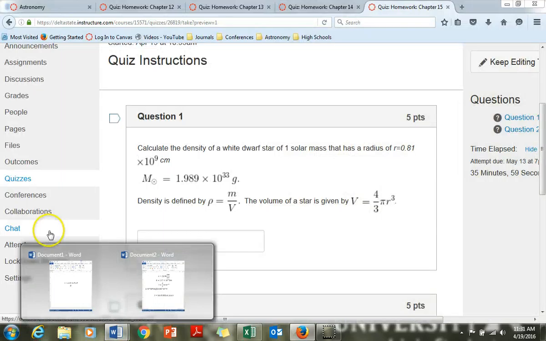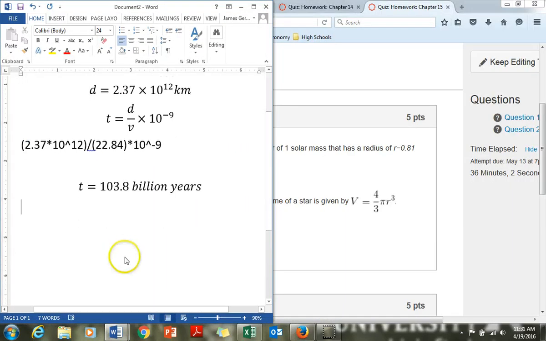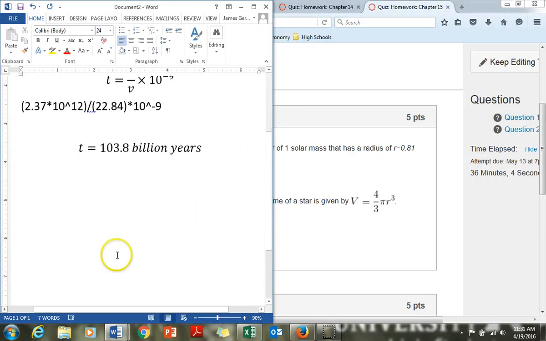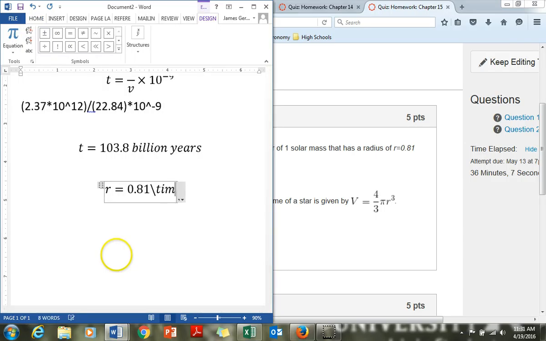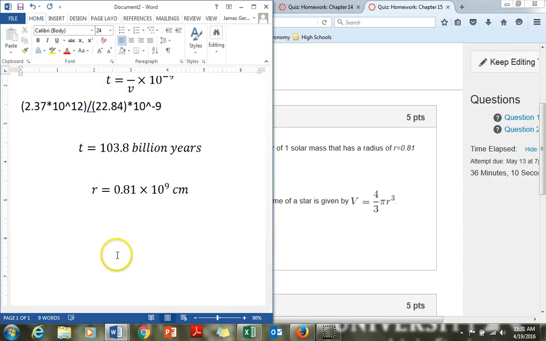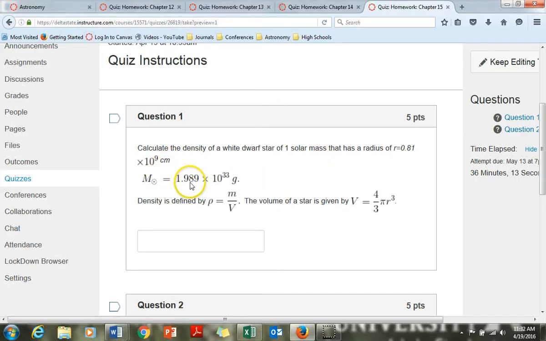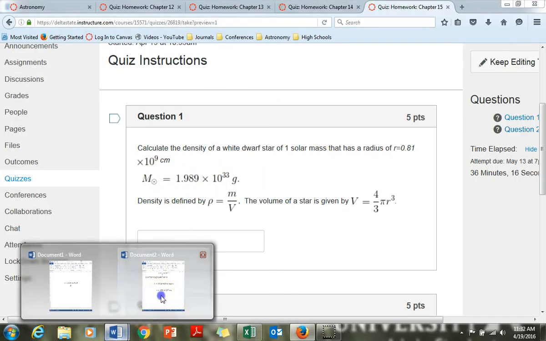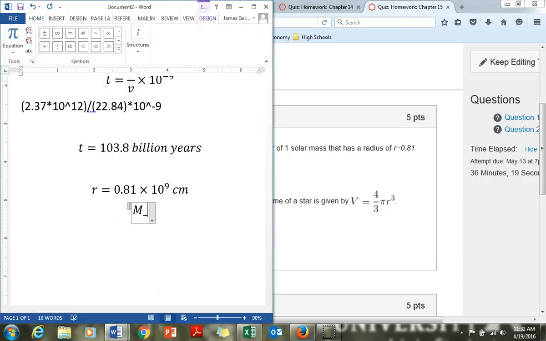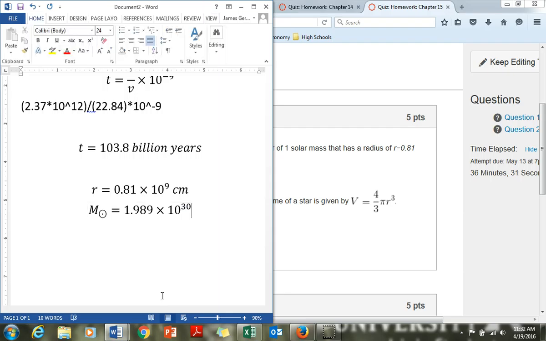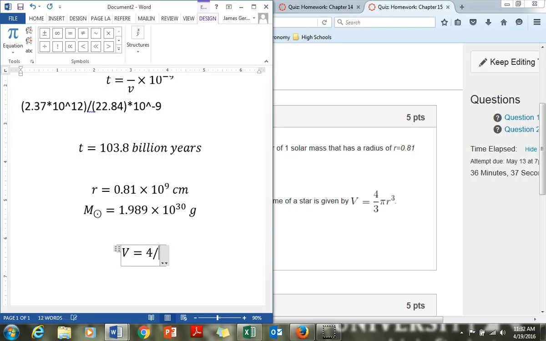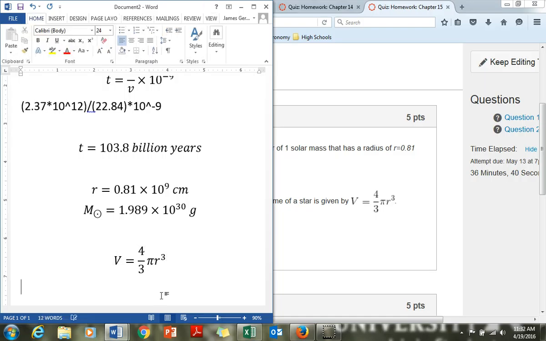So radius, 0.81 times 10 to the 9th centimeters. Mass, 1.989 times 10 to the 33 grams. The volume is 4/3 pi r cubed, right?